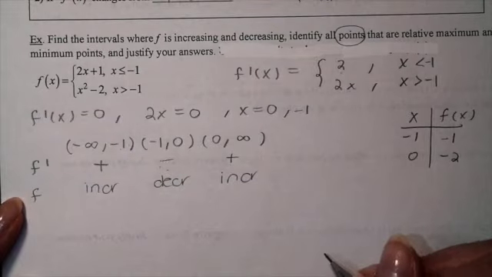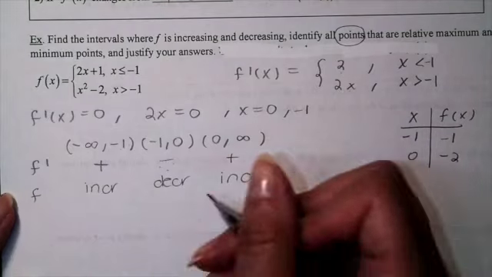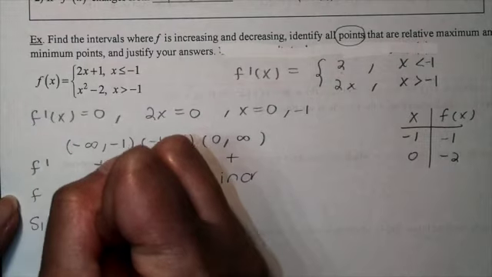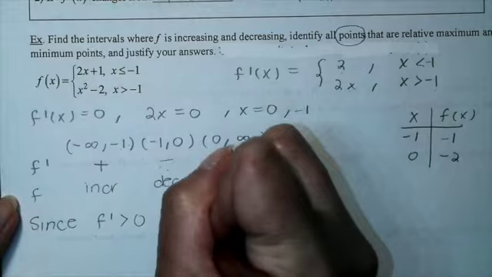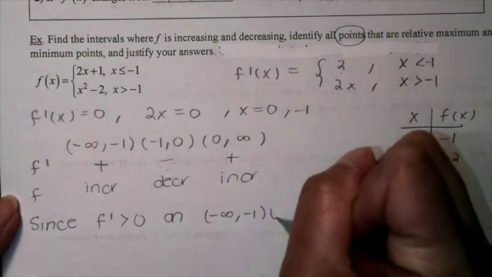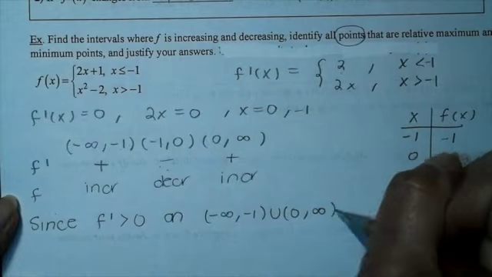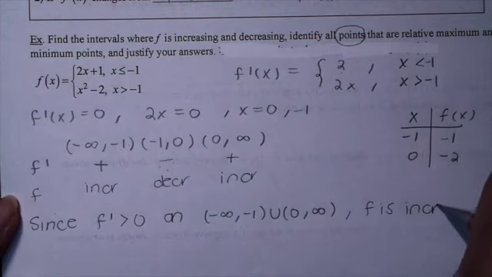Now, let's conclude. Let's start with increasing. Since f prime is greater than 0 on the intervals negative infinity, comma negative 1, union 0, infinity, what can we say about f? f is increasing there.